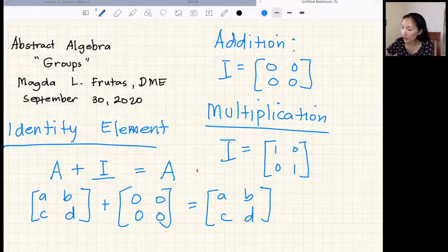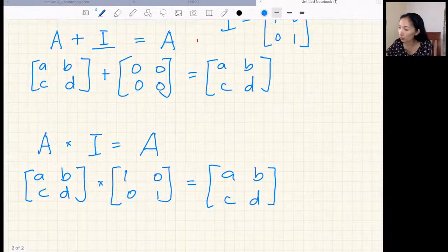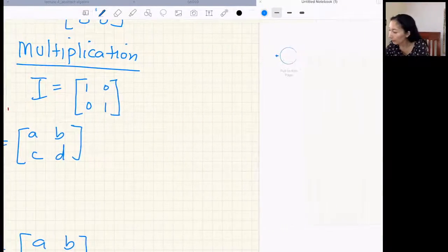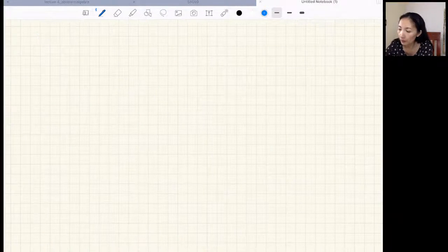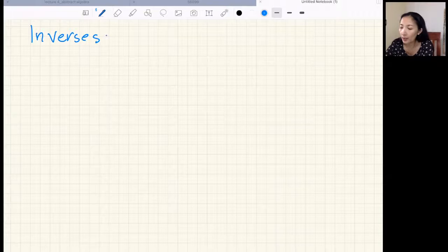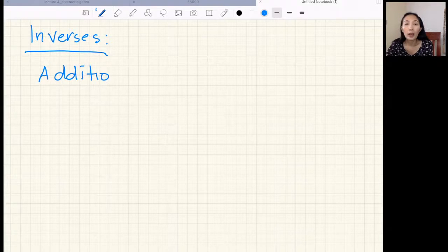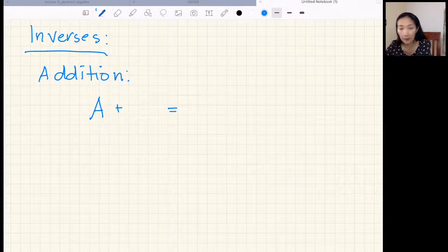Are there questions here? None. We now move on to inverse, first with respect to addition. By inverse, we mean that element which when added to A gives the identity element.